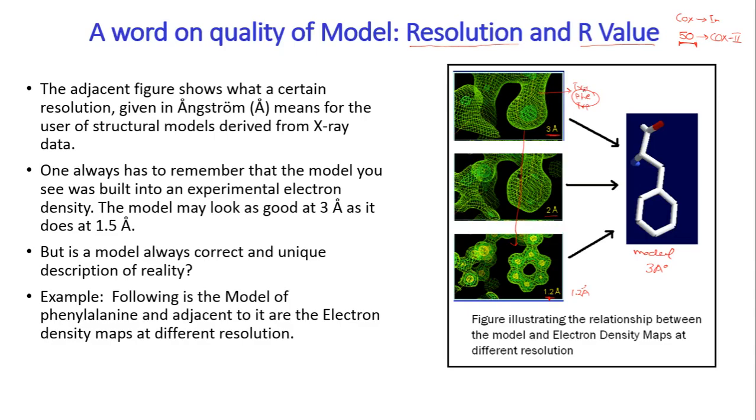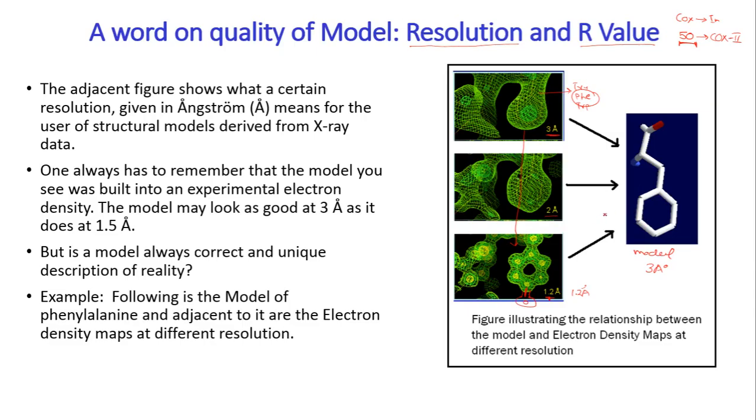If it were tyrosine, you would get something like this that would correspond to the side chain oxygen. So the higher the resolution, the better the model, and you can rely on the quality of the model.